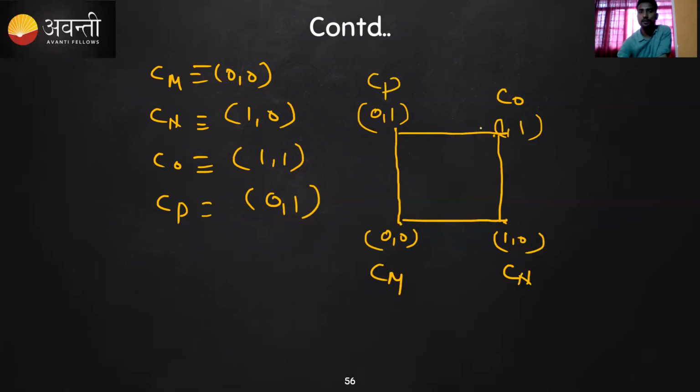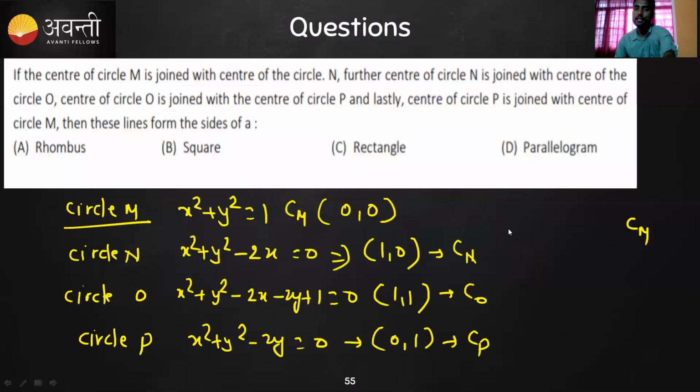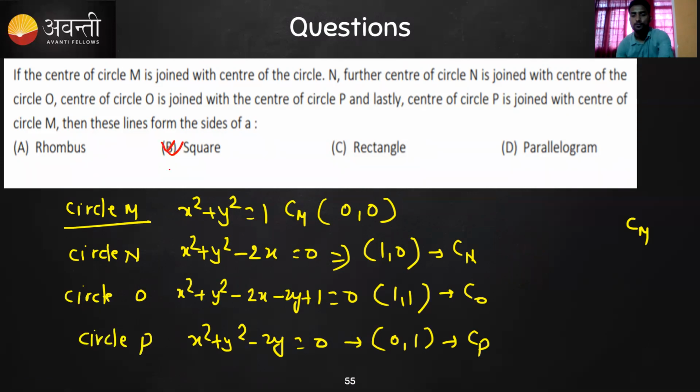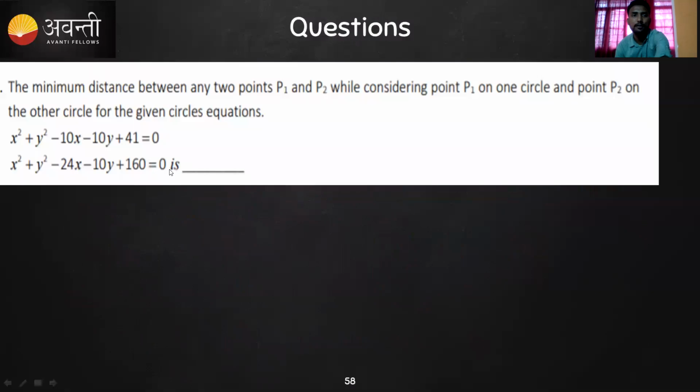If you see the figure, you will find it is nothing but a square, because this distance is 1, this distance is also 1, this is also 1, and this is also 1, and it is also 90 degrees as well. So after joining all the centers of the circles, we will get a square figure. I hope it is clear to everyone.